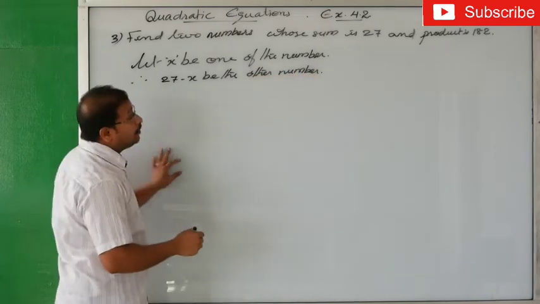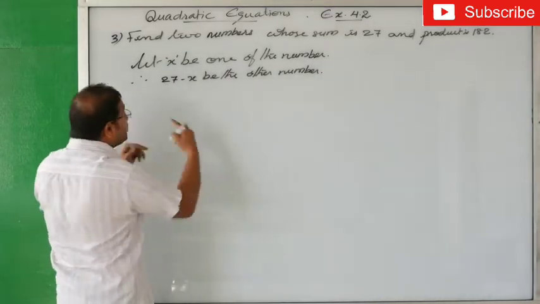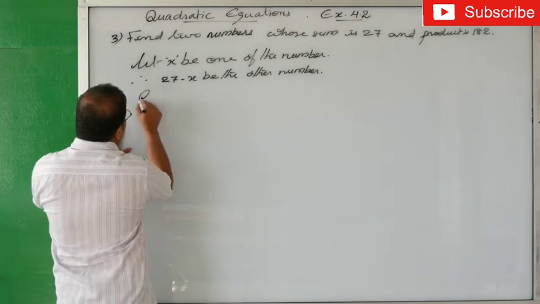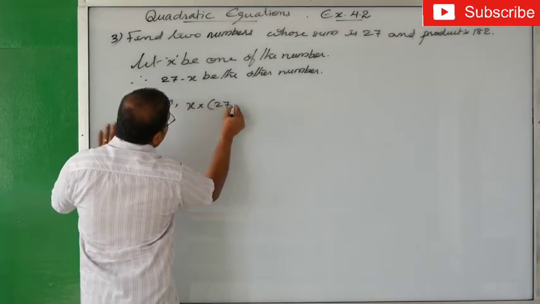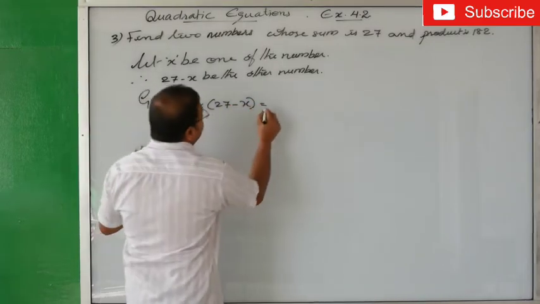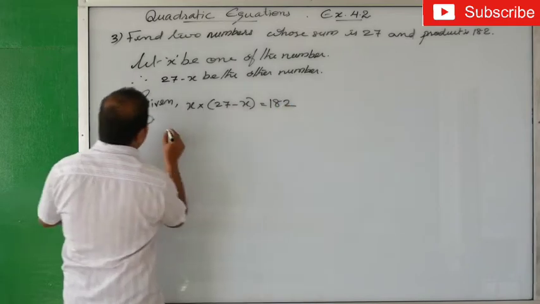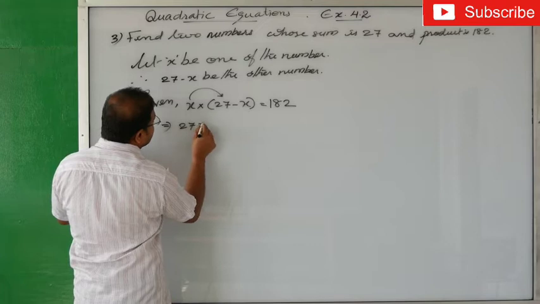Ready? Now what will you do? They already gave their product is 182. Product means multiplying. That means x into 27 minus x, their product is 182. This implies x into 27, 27x.